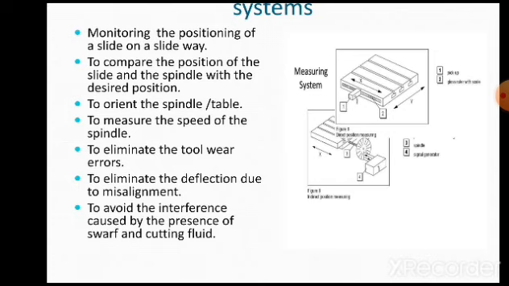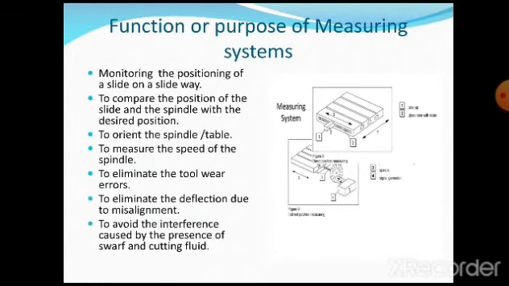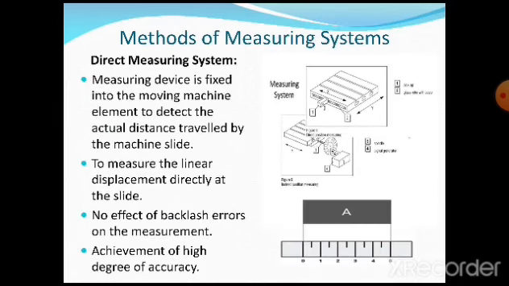Swarf means basically the metal chips which are cut, and the cutting fluid should not interfere in the process of measuring or sensing the movement of a table or a slide. So these are some of the important functions for which the measuring systems are designed in CNC machines. Now let us go in detail into the measurement systems which you are going to see here.